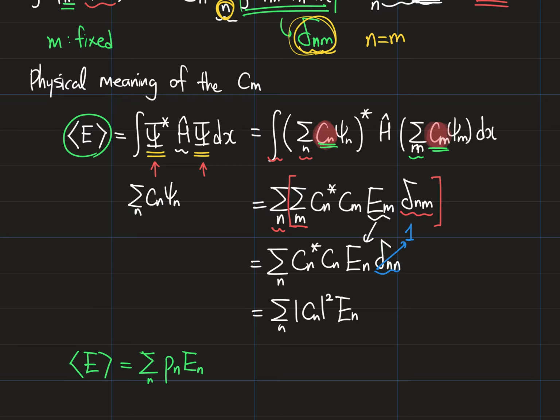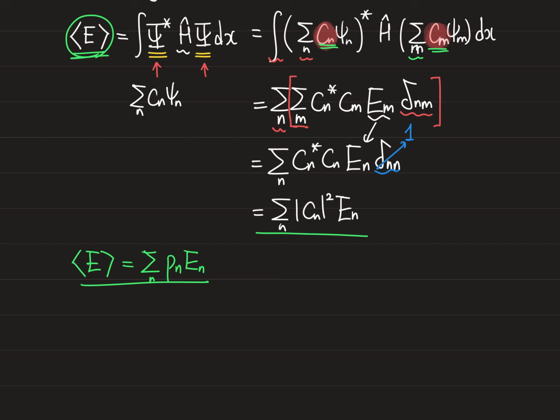So the first equality for the expectation value is from quantum mechanics, and the second expression is from statistics. They are from different subjects, but they both express the expectation value of the energy, and the equality should always be valid.